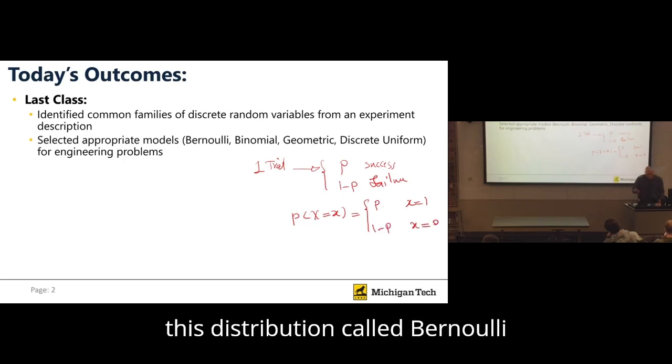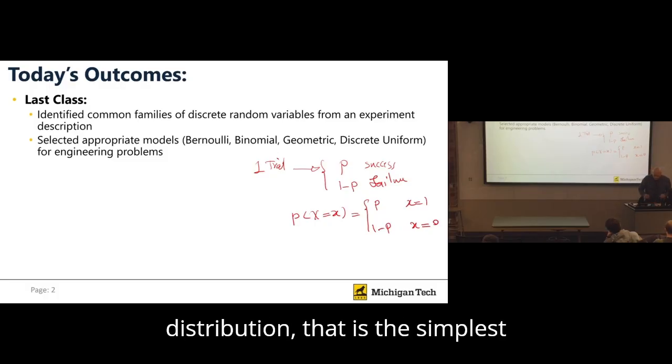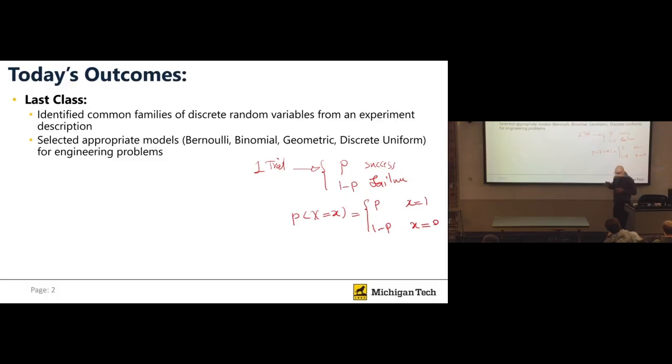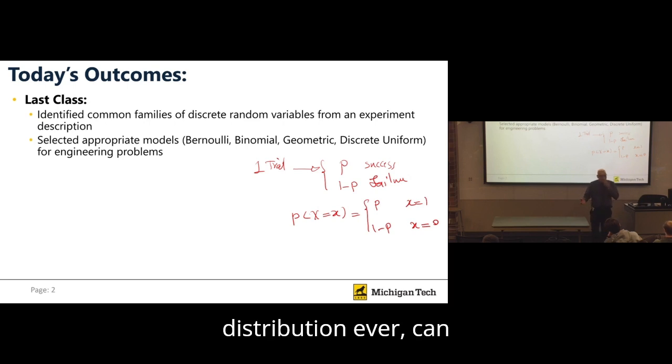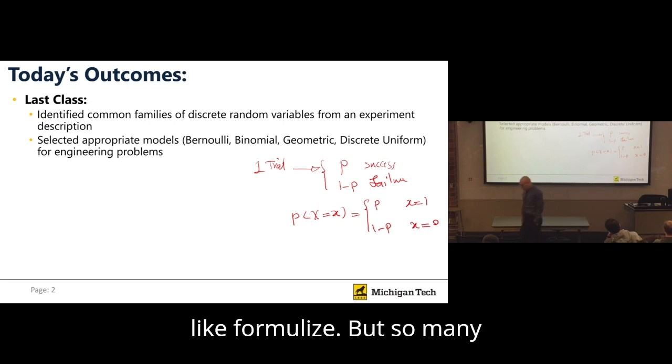This distribution is called the Bernoulli distribution, the simplest distribution ever.